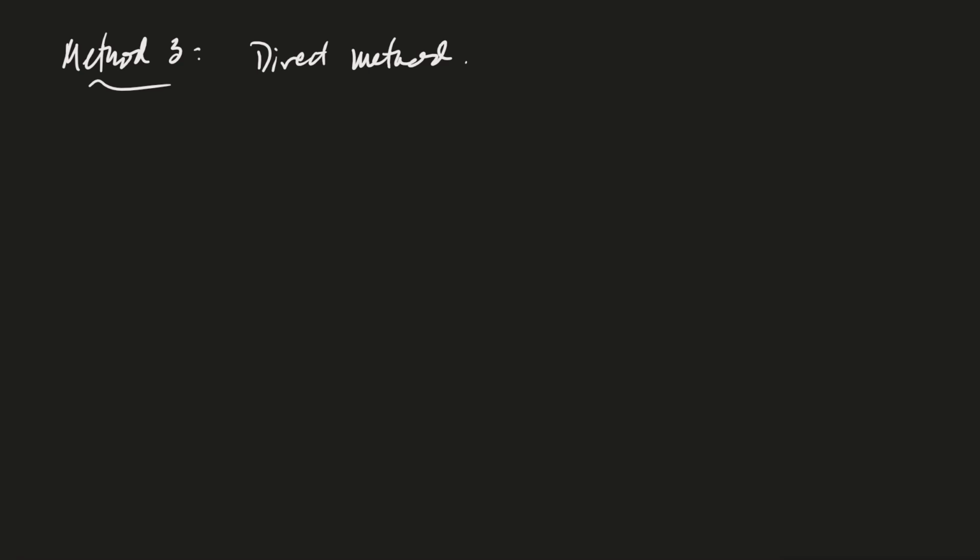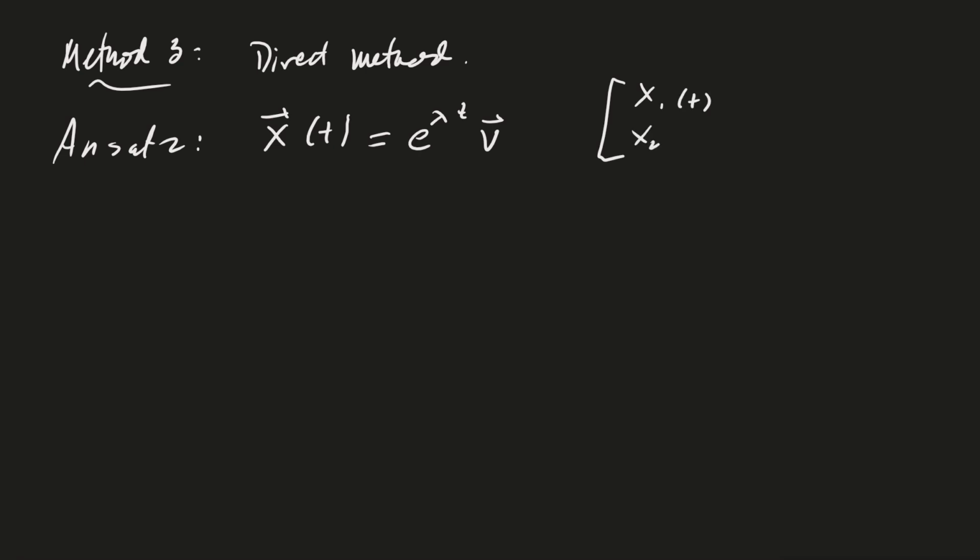I'm going to take my ansatz to be x of t equals e to the lambda t times vector v. Just to write that out in components, that's x1, x2 of t equals e to the lambda t times v1, e to the lambda t times v2. So that's what it looks like in parametric form.